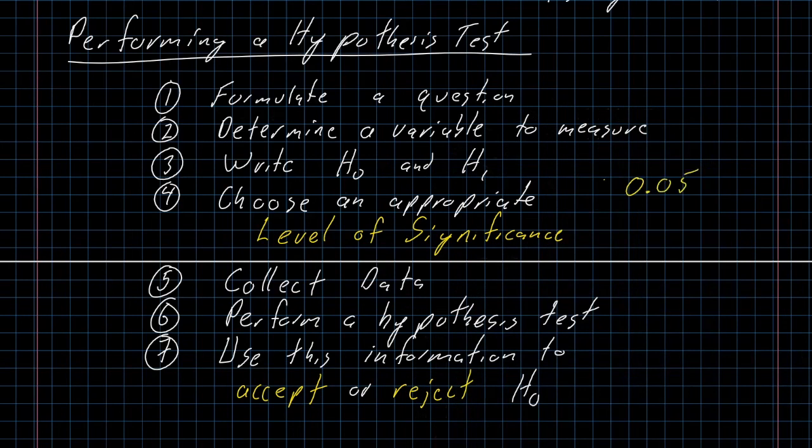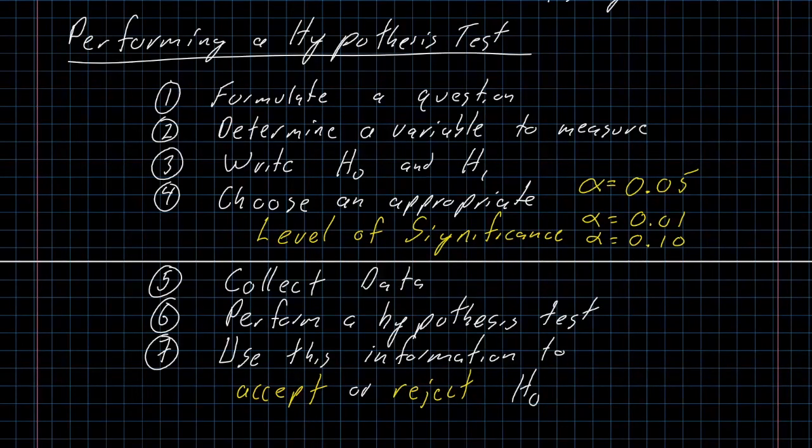We're generally going to use 0.05. And we'll represent the level of significance with the variable alpha. It's a Greek letter, kind of looks like a fish. 0.05 is the standard in medical research and in psychology research. There are other disciplines that use other values. 0.01 is fairly common. 0.10 is not uncommon, especially in biology research.